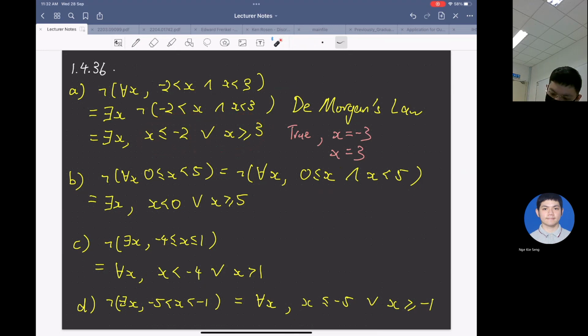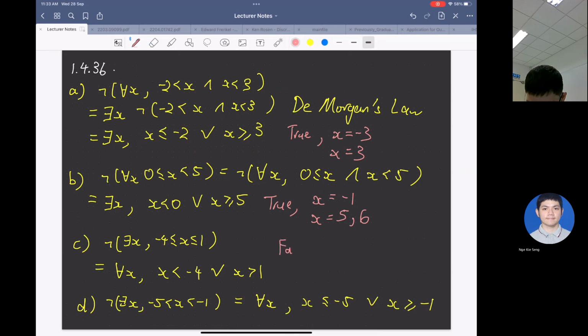Okay, let's try the second one. True or false? Also true, right? So x can be what? -1. Also, x can be 5. Also can be 6. Never mind. How about C? True or false? False.